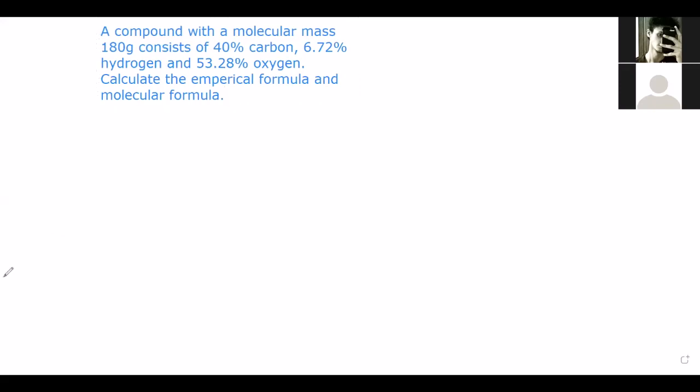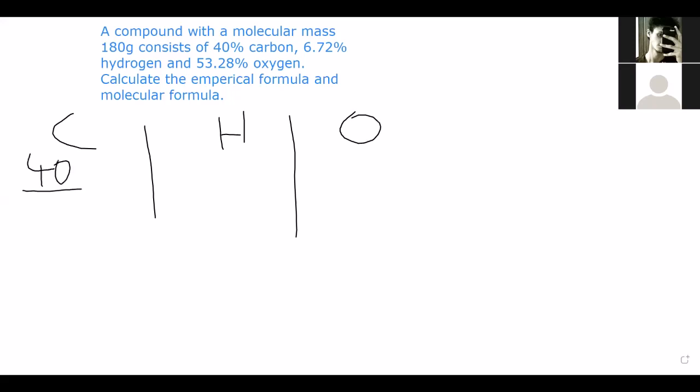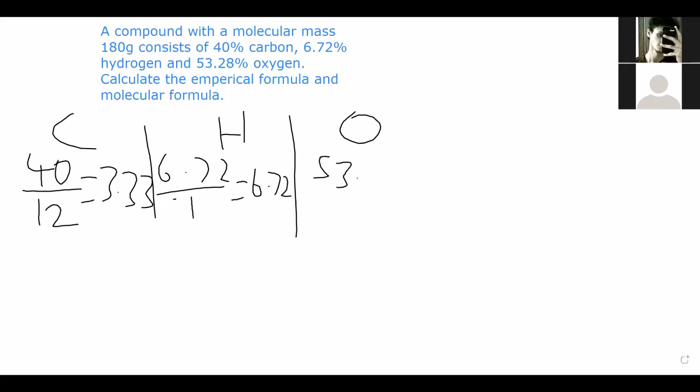So for this question, first we'll find the empirical formula. We'll make 3 columns: carbon, hydrogen, and oxygen. So dividing 40 by the AR of carbon, 3.32, dividing 6.72 by 1, so 6.72, and dividing 53.28 by 16, 3.33.